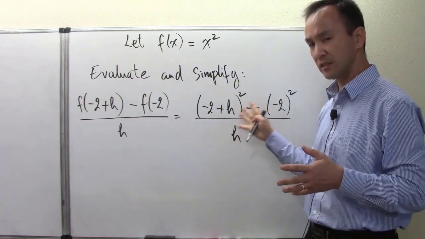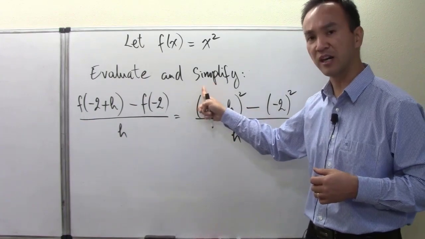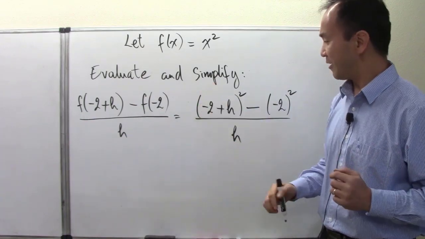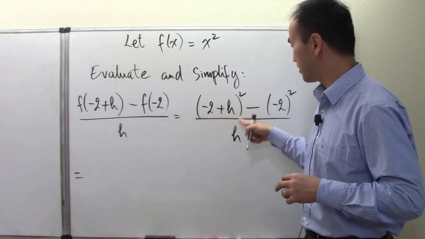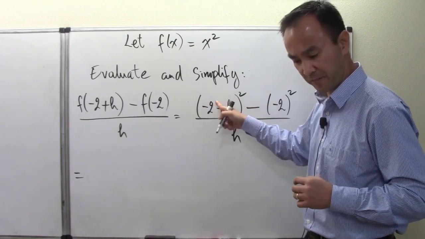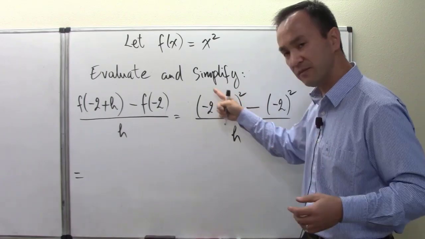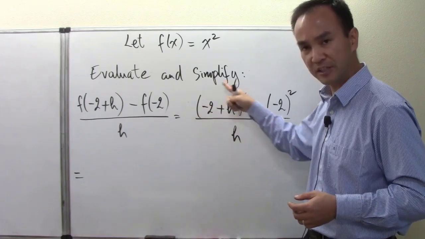But now it looks a little lengthy and complicated. That's why we're going to spend some time simplifying. Okay, so simplifying it, again, I'm going to start out by doing the foiling work on this perfect square right here. The formal term is the expansion work. I'm going to expand out this perfect square right there.